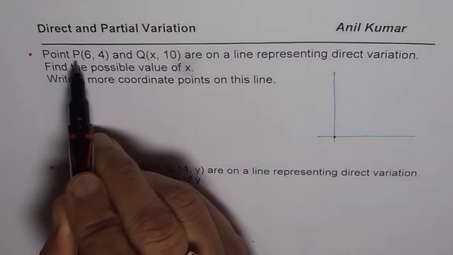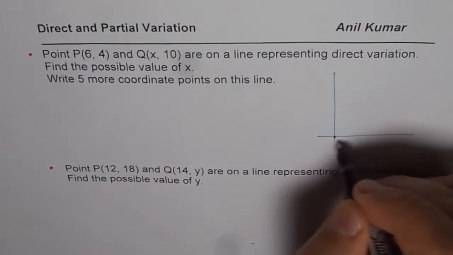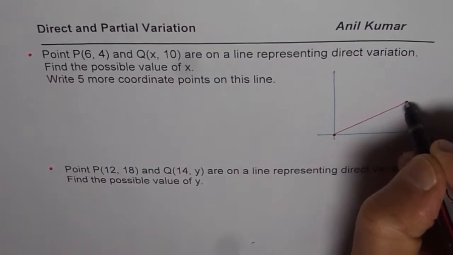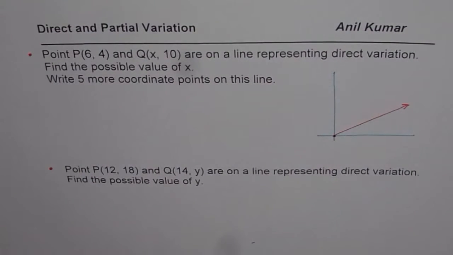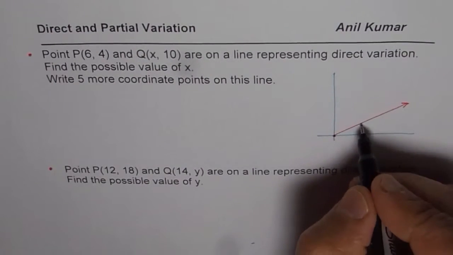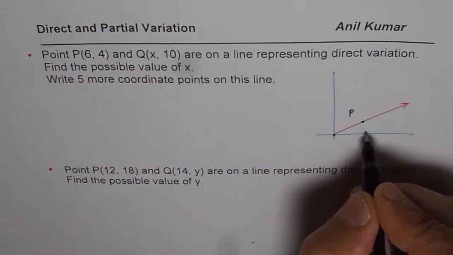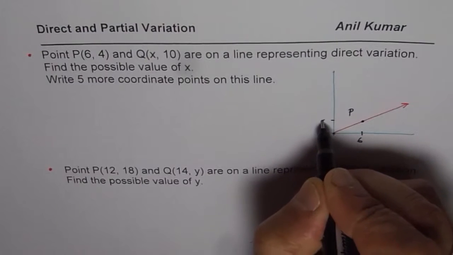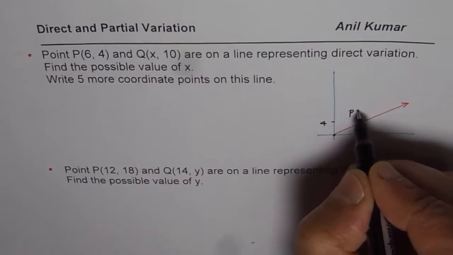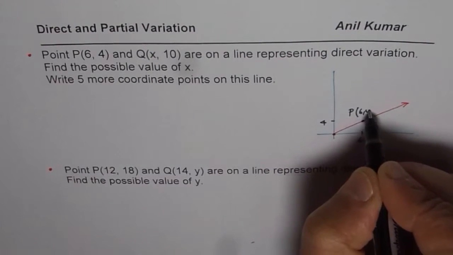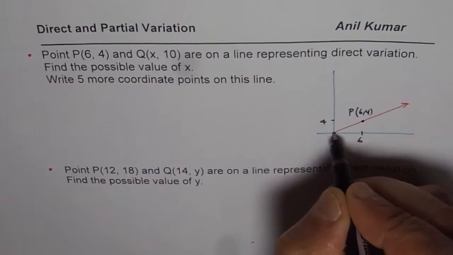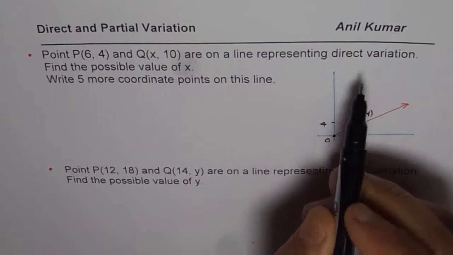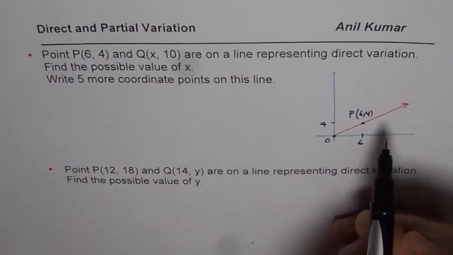Another point is given to us as (6, 4), where point P has x value 6 and y value 4. Origin is always on the line which represents direct variation.